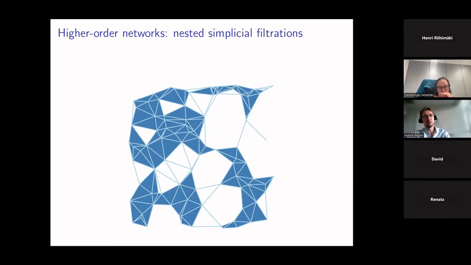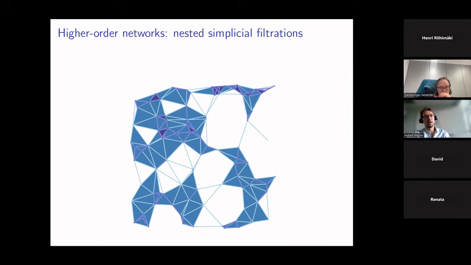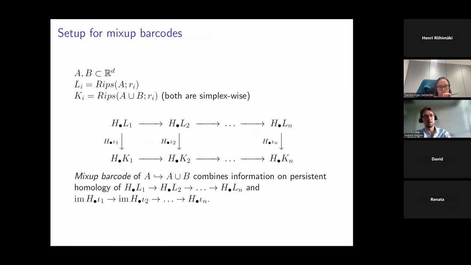And similarly, we can do the same at the level of simplicial filtrations. So I have a filtration and then a subfiltration. This would be relevant in the context of higher order networks, and I know many people are interested in this here, and often compute persistent homology as a descriptor of such a network. So if you had 2 networks which happen to be nested, then those tools could also be applied.